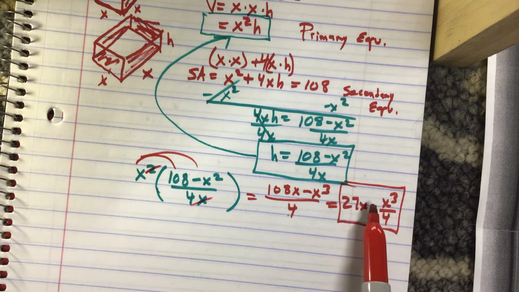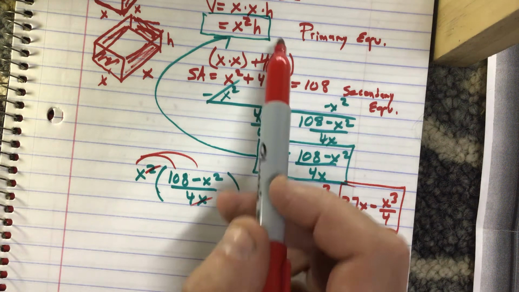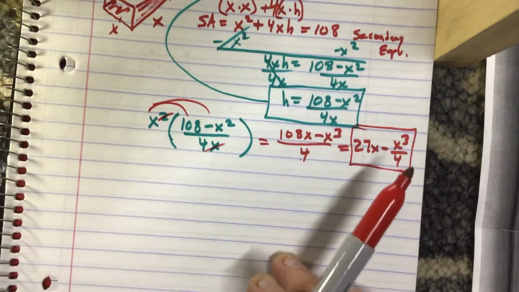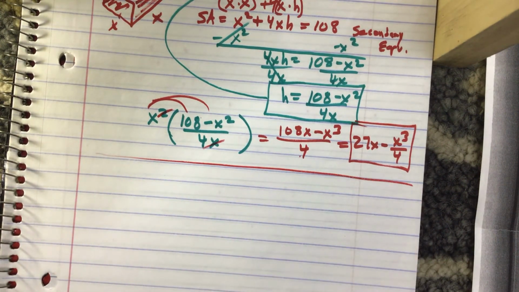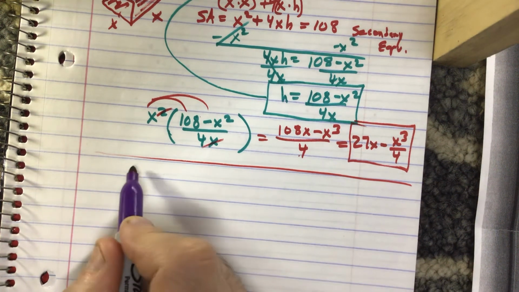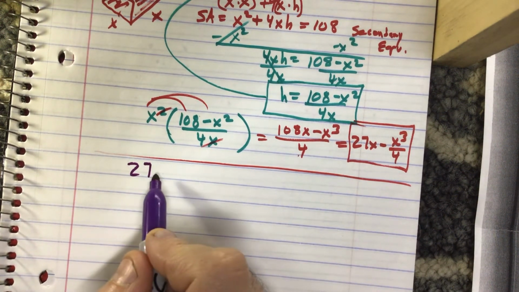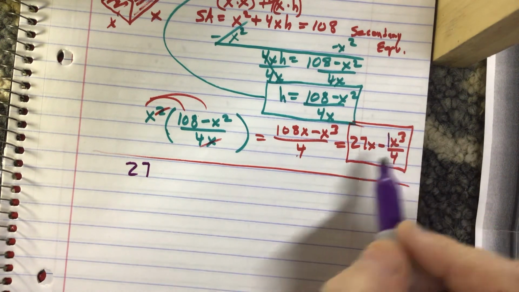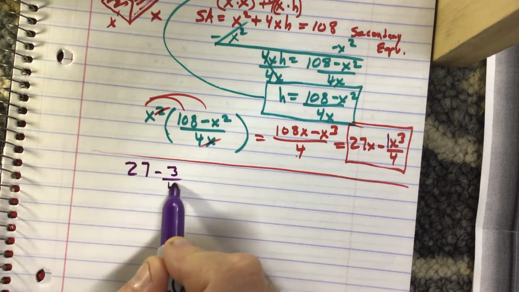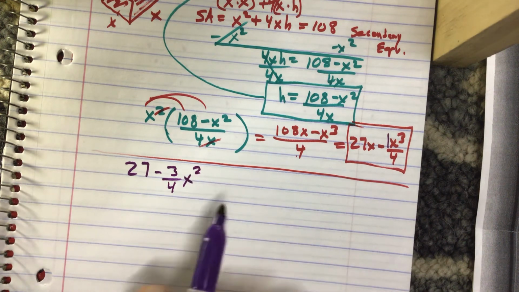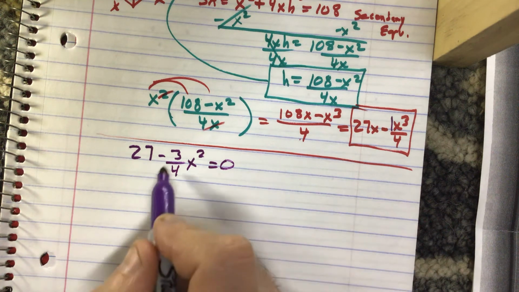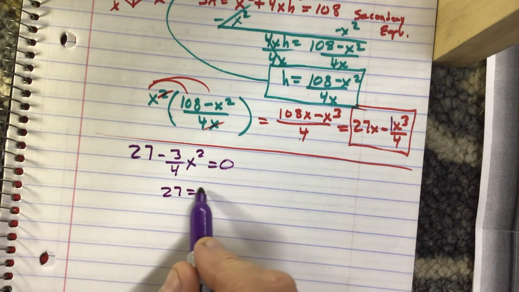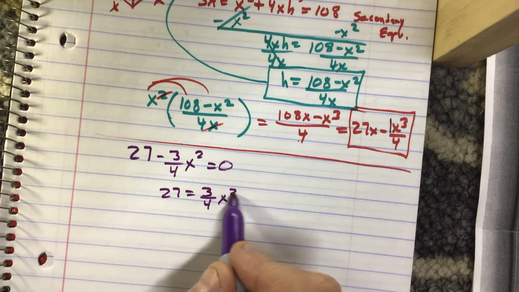All we have to do is take the derivative of this, set it equal to 0, and we'll find the minimum or the maximum. In this case, it's going to be a maximum volume with the restriction already inside the problem. So the derivative is 27 minus 3/4 x squared. Set that equal to 0 and move this to the other side: 27 equals 3/4 x squared.